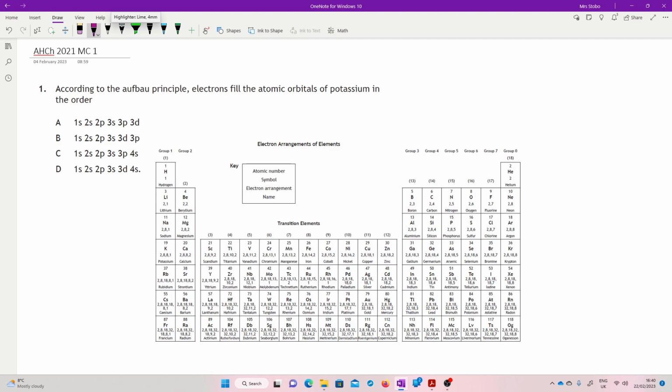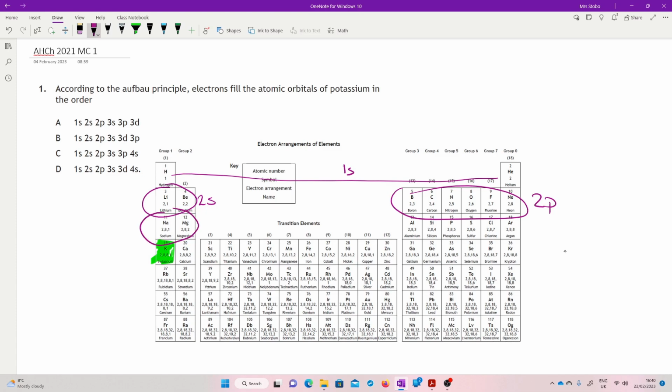Okay, question 1. According to the Aufbau principle, electrons fill the atomic orbitals with potassium in the order, and we have options here. So potassium means that we're trying to get to number 19. So you're just going to run the order. First one is your He, so that's 1s. Here we've got 2s, and our next block 2p. None of this is helping because they're agreeing right up to 3s.